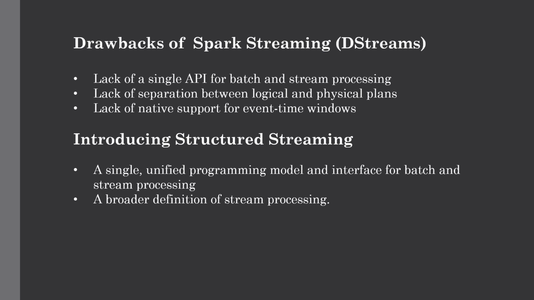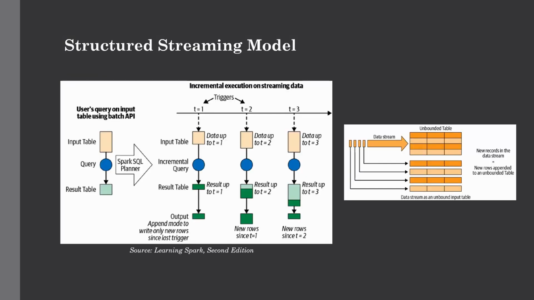So now let's talk about the programming model of structured streaming and understand how it works under the hood. First of all, everyone knows about the table. It is a very well-known concept that developers are familiar with while building batch applications. Structured streaming extends this concept to streaming applications by treating a stream as an unbounded, continuously appendable table, as given in this figure.